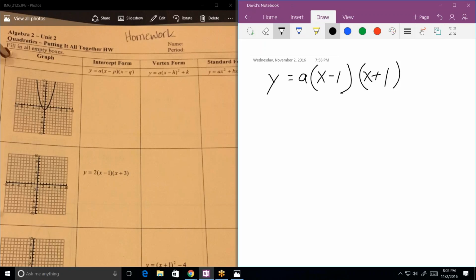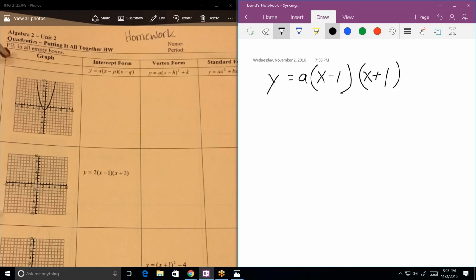We can read from the curve what the proper y value would be given an x. The only x values we cannot pick are 1 and minus 1, because if we pick 1 or minus 1, this whole right side goes to 0, and we already know that y is 0. That would not allow us to solve for A.